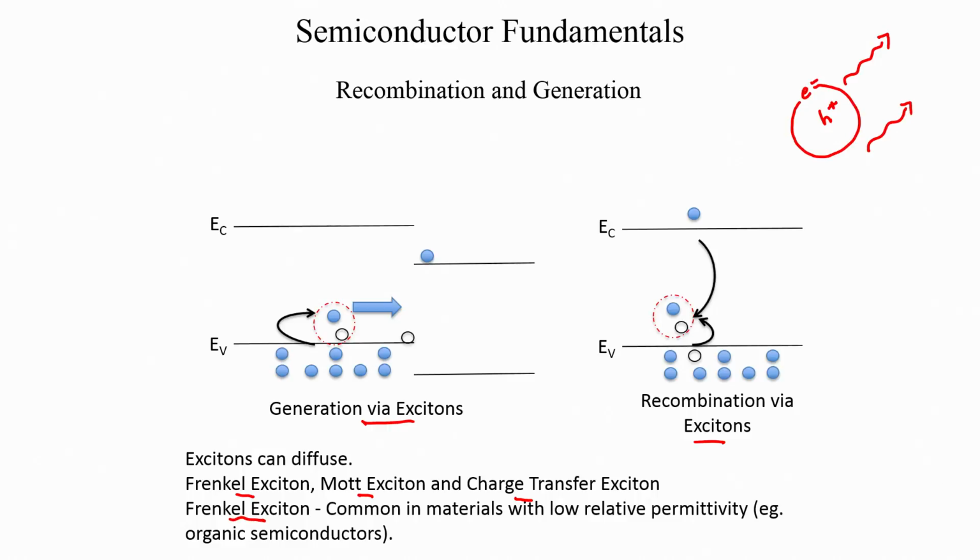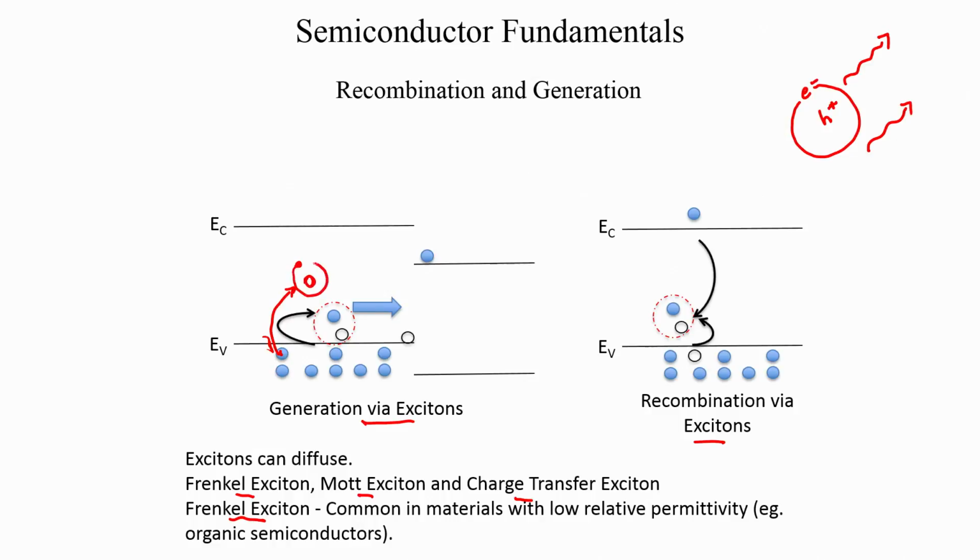So, generation via excitons is simply a mechanism wherein the electrons in the valence band were excited because of some energy they received, and they did become free from the clutch of the atoms in the lattice, but then they are still bound to the hole.